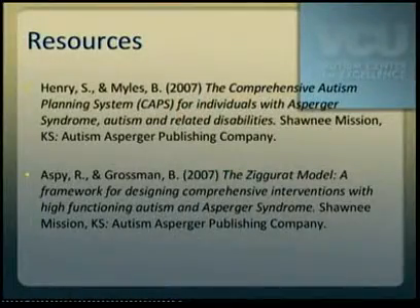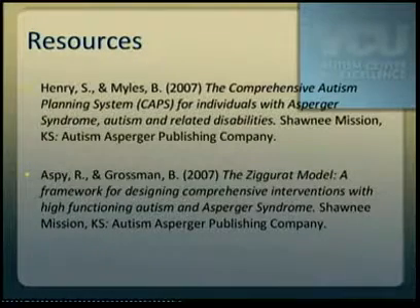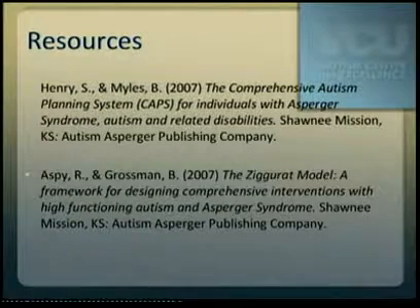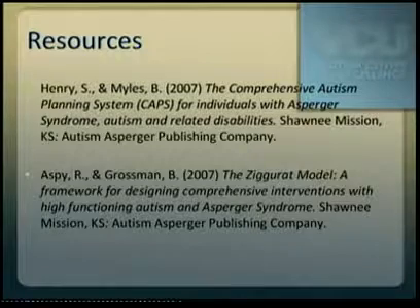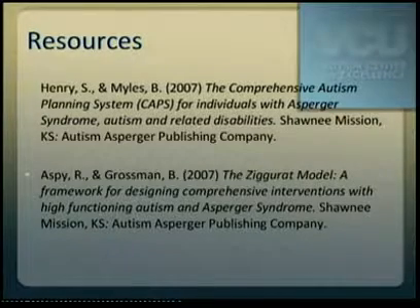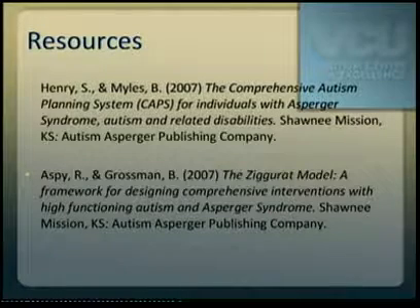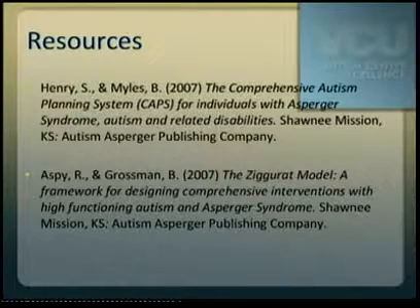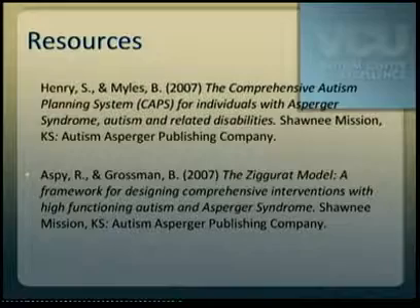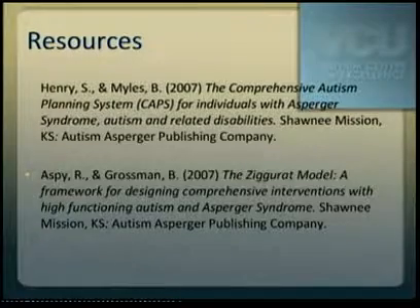Here's the CAPS book, which actually breaks down all the areas that we've talked about in social, sensory, data collection, ideas for all of that if you want to use that. The Ziggurat model book, which is, again, a great way of designing comprehensive interventions.